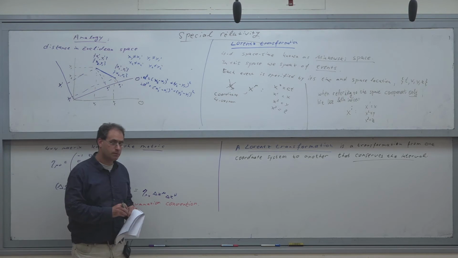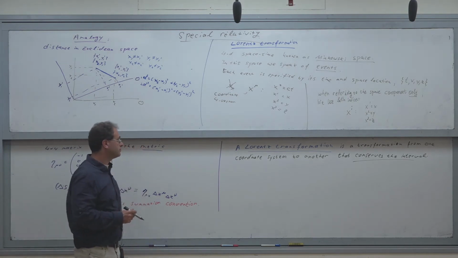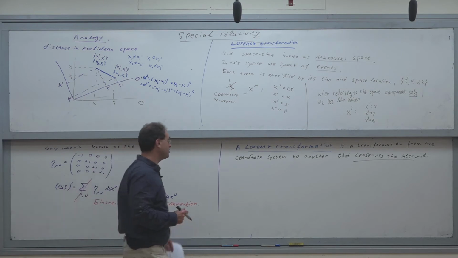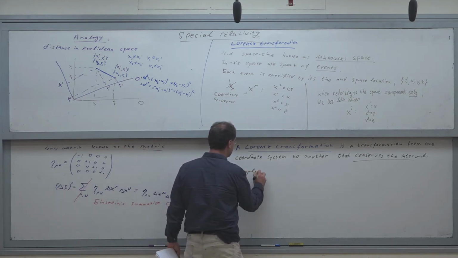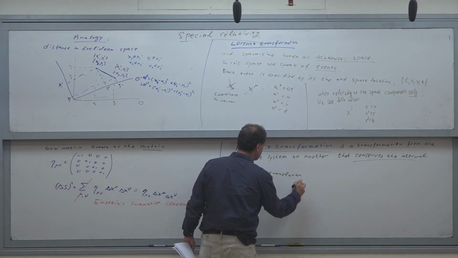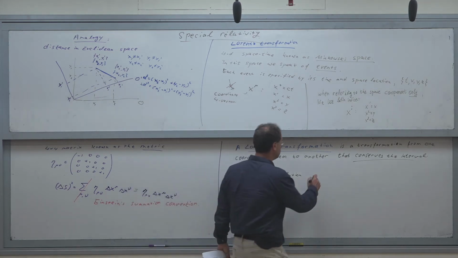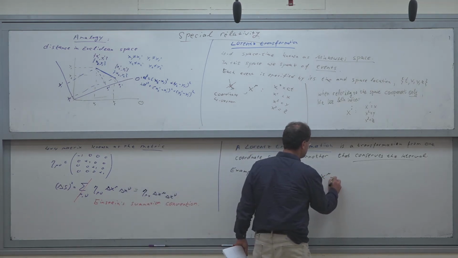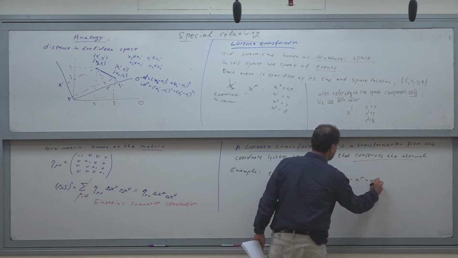Okay. Now we can think of several such transformations. One basic example is a translation. So translation means that x mu goes to x mu prime, which is just x mu plus a mu.